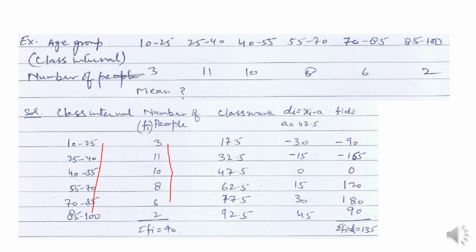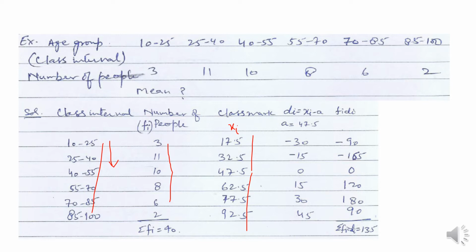So 10 plus 25 upon 2 is 17.5, and next, 25 plus 40 by 2 is 32.5. In this manner we find the class mark, which we write as xi. And if it is not grouped data, sometimes we have xi directly, which is single data. Then in that case we need not find the midpoint; the given data can be used.